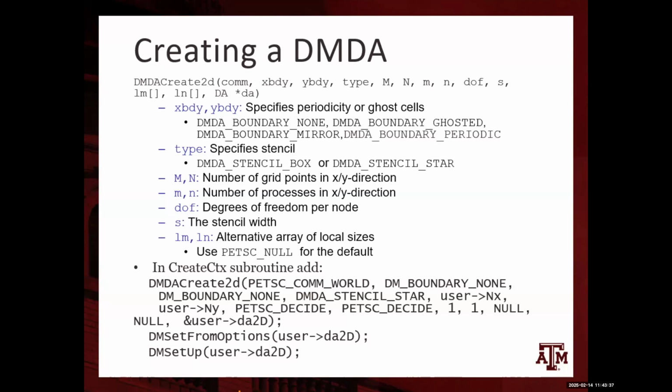You can set none, because we don't have a periodic boundary and we're going to use Dirichlet or Neumann conditions. So DM boundary none. All this information about different PETSc subroutines is on the PETSc website, in the documentation.